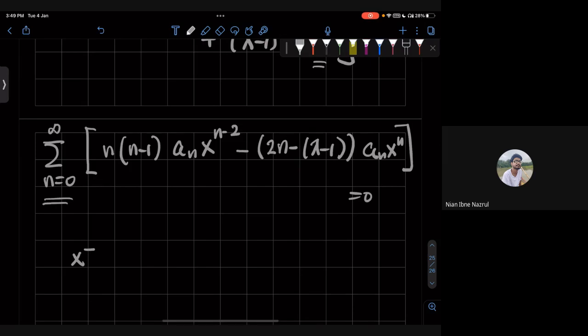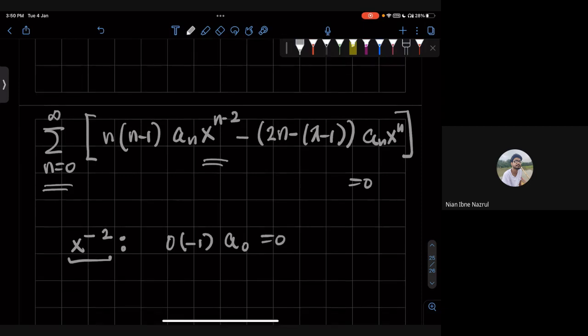So if I look at this series, when n is 0, I get from here x to the power minus 2. So the coefficient of that term is going to be 0. What is the coefficient? The coefficient is 0 minus 1, a0 equals 0. So this doesn't give us any information, right?